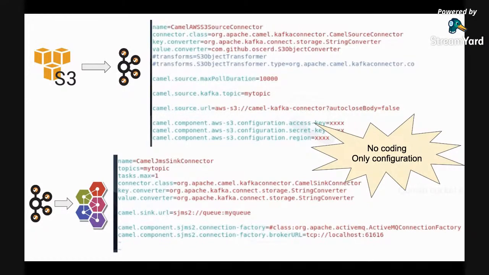So you will have your access key and your secret key to access your AWS account, and your region. This is more or less the approach you will have by using the Camel Kafka connector. So in the example repository, you will find more or less just configuration files.